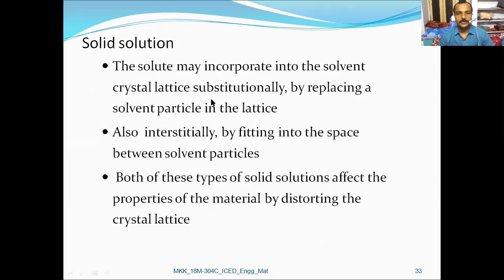In substitutional solid solutions, the solute may incorporate into the solvent crystal lattice substitutionally by replacing a solvent particle in the lattice. Totally, the solvent atom is replaced. Whereas in an interstitial solid solution, the solute fits into the gaps of the solvent particles, in the interstitial spaces.